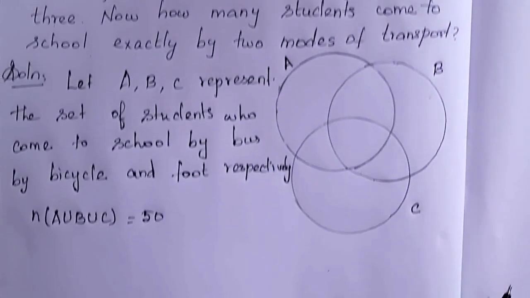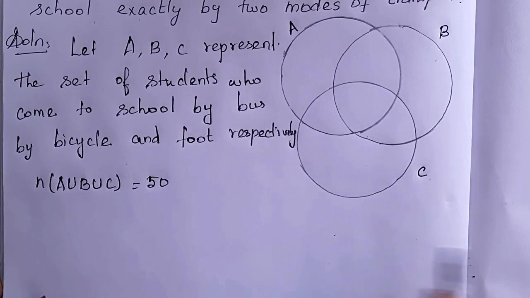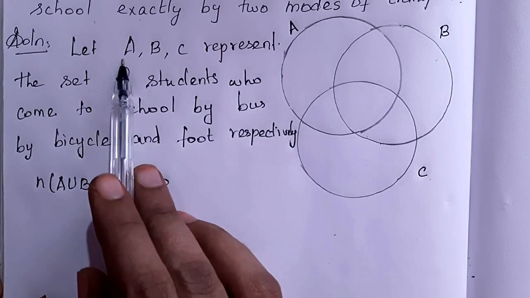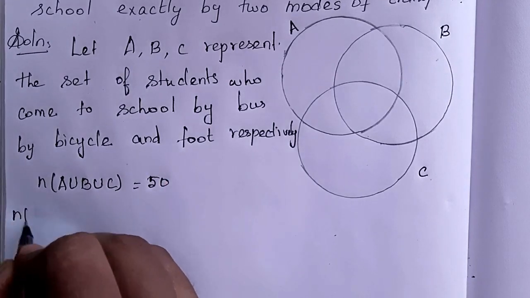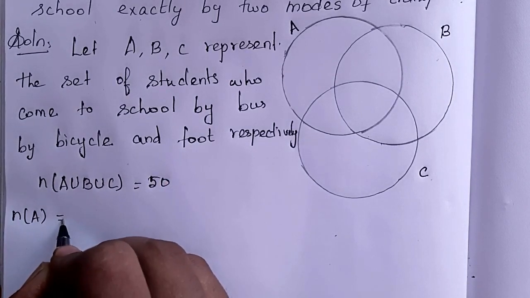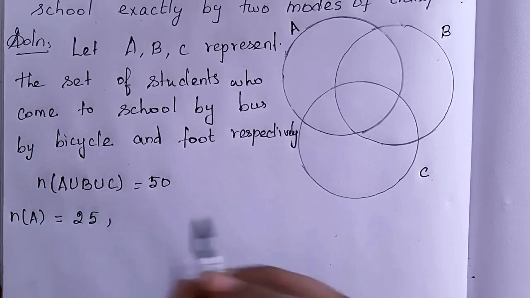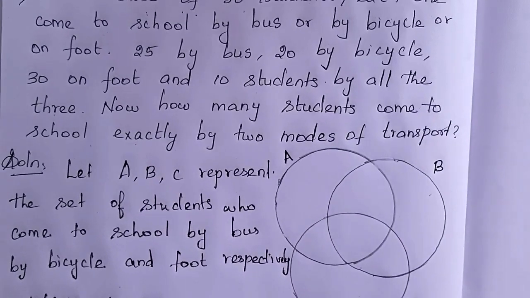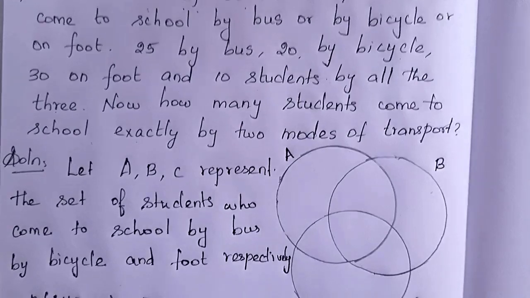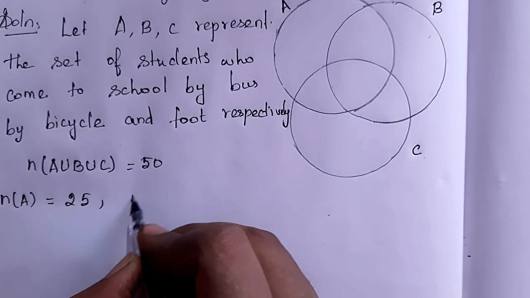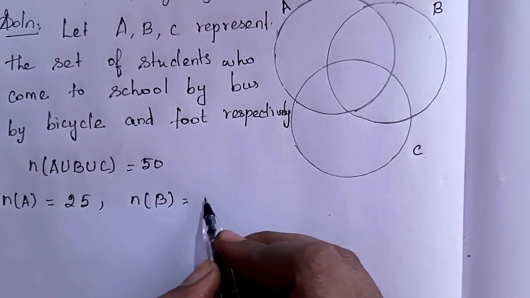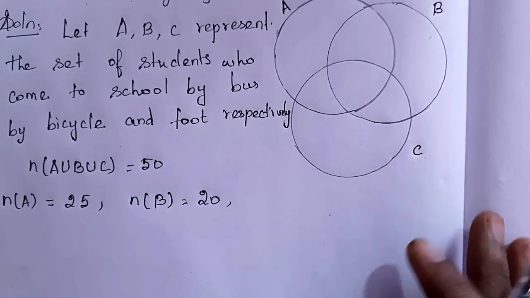So those who are coming by bus, we can take that as 25. So bus is set A. So N of A equal to 25. Next, that is given 20 by bicycle. So N of B equal to 20.